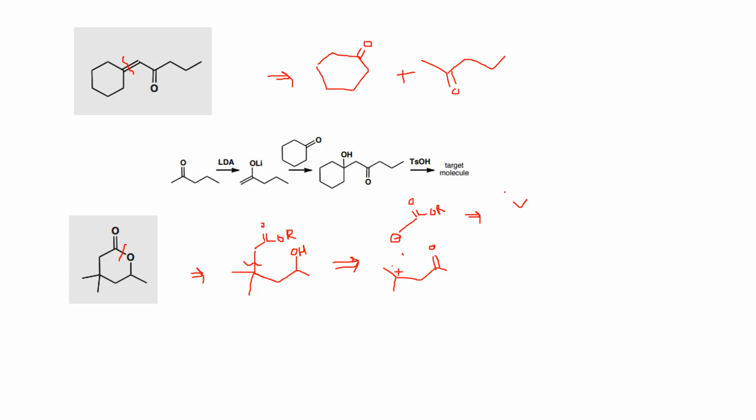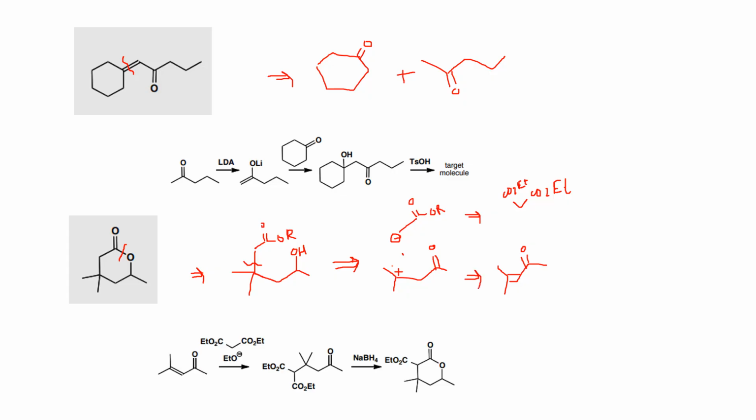It can be formed from diethyl oxalate, and this is the alpha beta unsaturated ketone. These are the synthetic equivalents of this synthon. So what will be the forward synthesis of this compound?